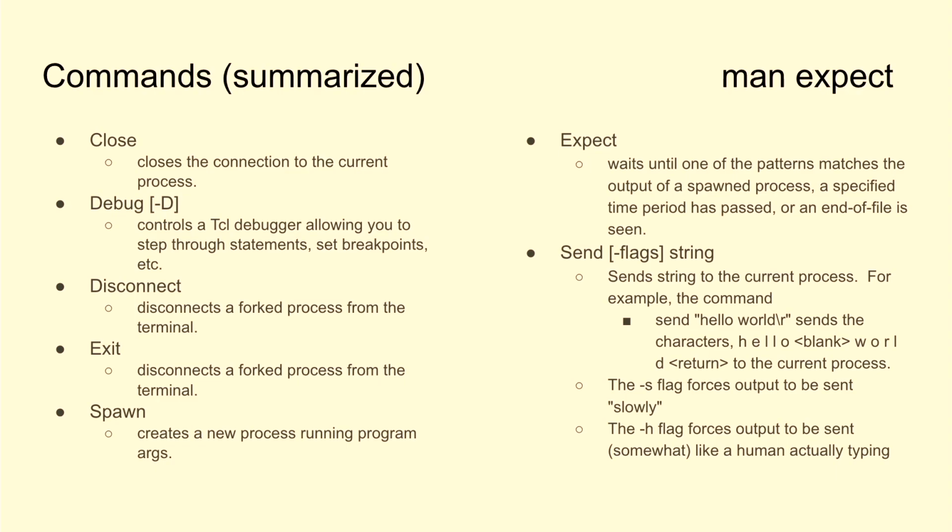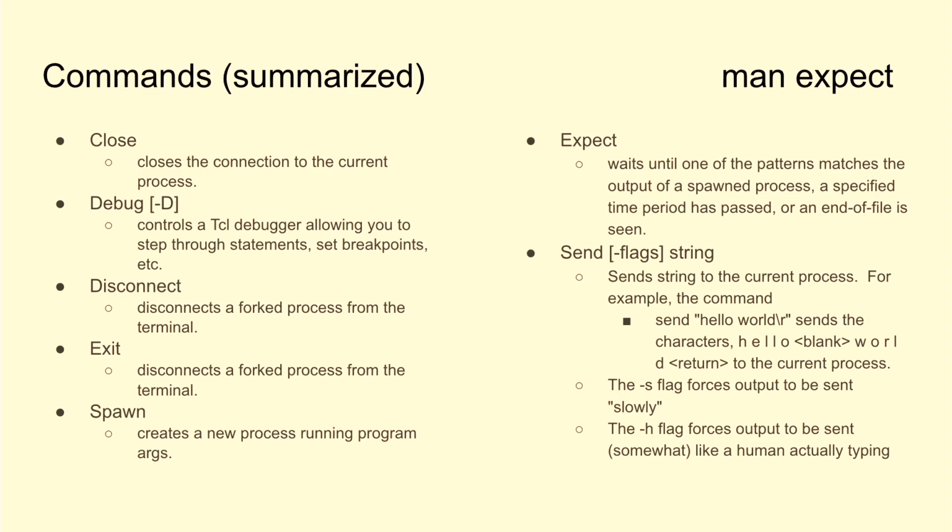If we look at the commands, we'll see that we have the ability to close a connection to a current process. We have the ability to debug a process. We have the ability to disconnect a session and exit from a forked process, and spawn.